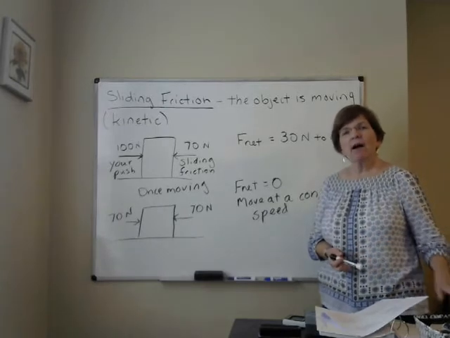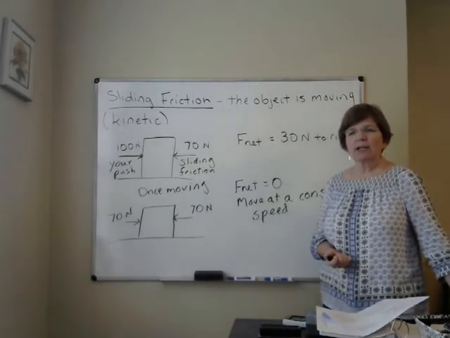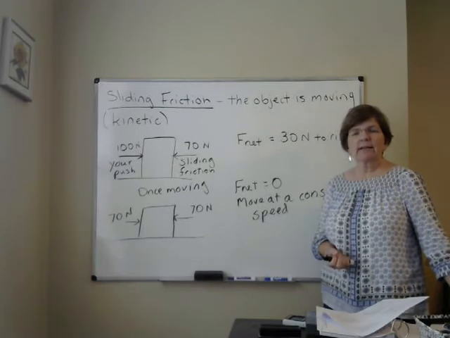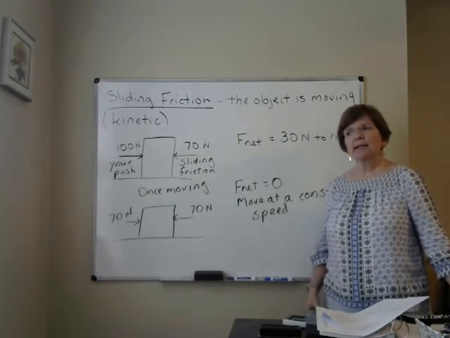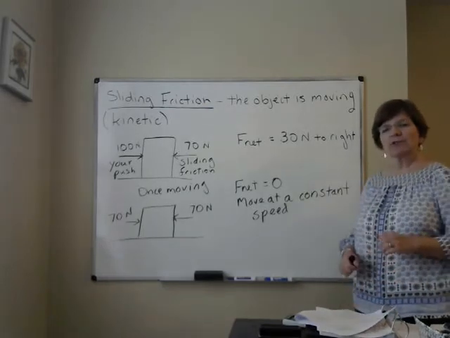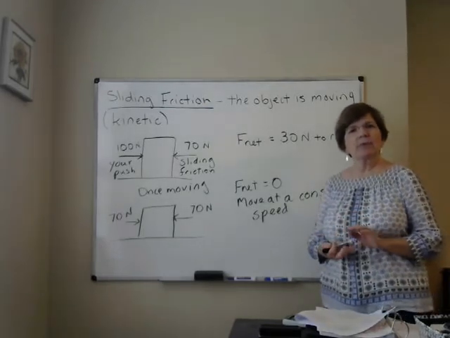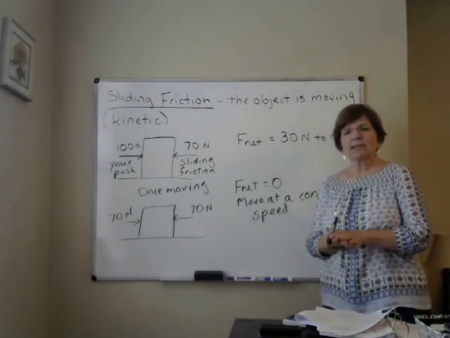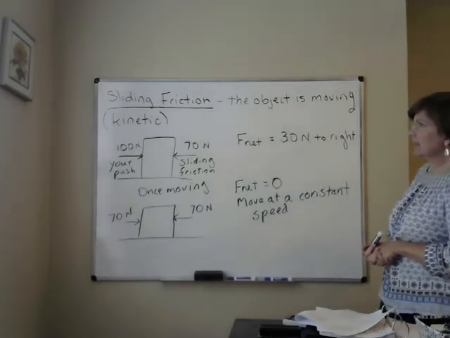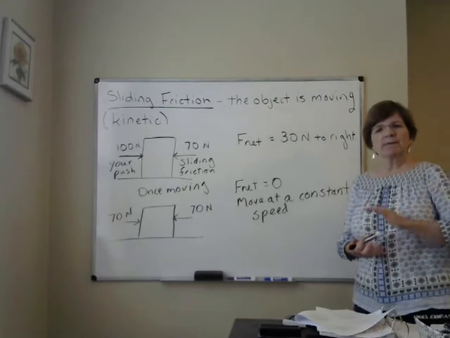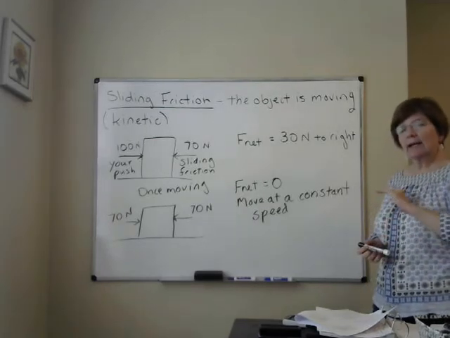There'll be a lot of friction if we're talking about a wooden crate across a rough concrete floor. It just really depends. There's always a lot of friction if one of the things is sandpaper or rubber, any of those things that you think of being either very rough or very sticky. If you want to minimize sliding friction, you want things to be very, very smooth and kind of slippery.